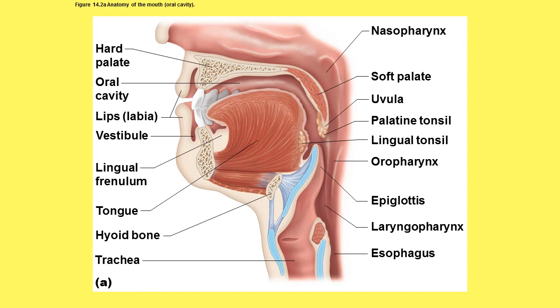And then once the food is pushed to the back of the oral cavity, it's going to go down to the oropharynx, down the laryngopharynx, and as you can see, the esophagus is behind the trachea. So hopefully, if you swallow correctly, the food goes down the esophagus, not in the trachea.